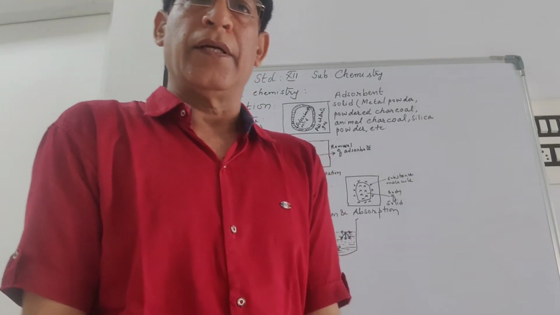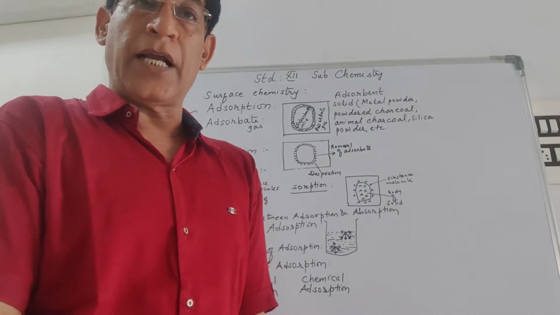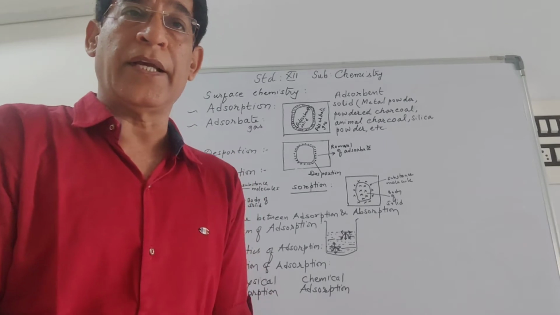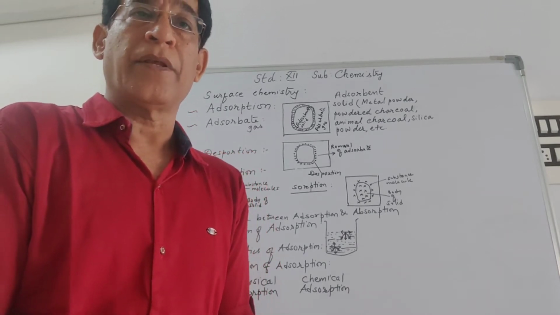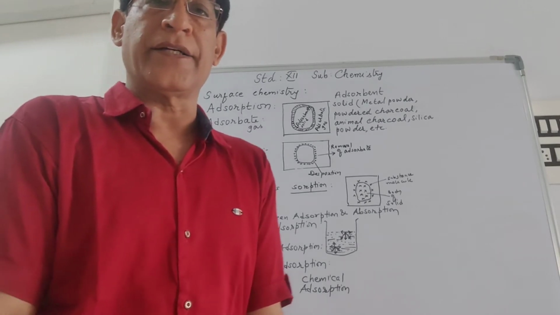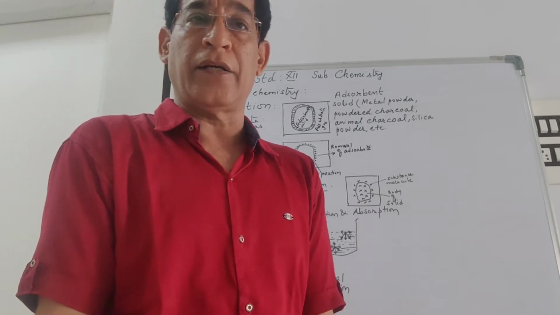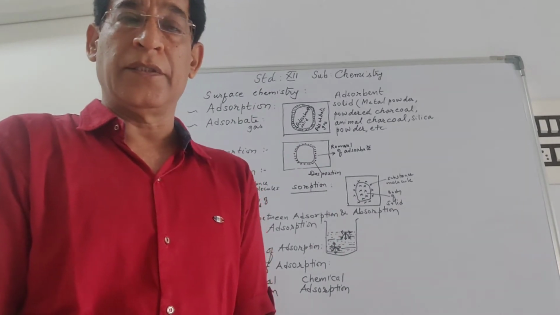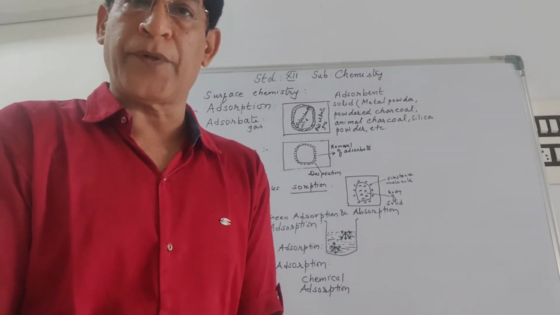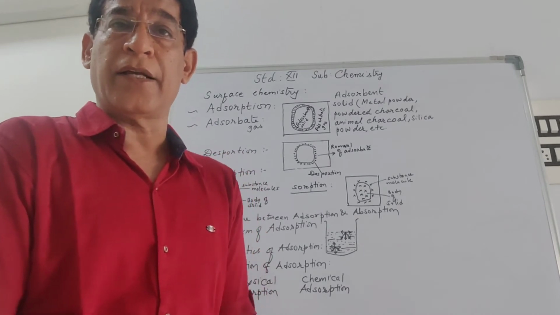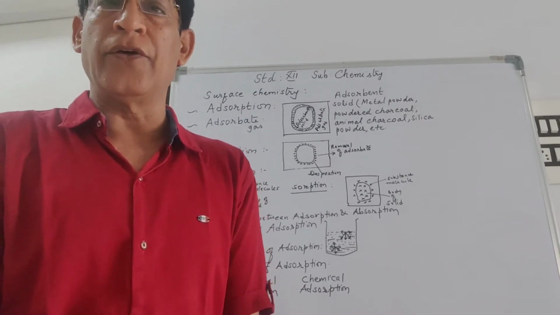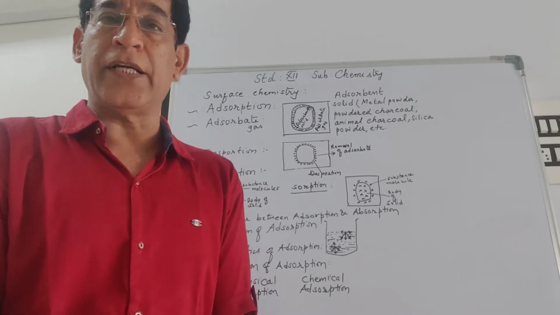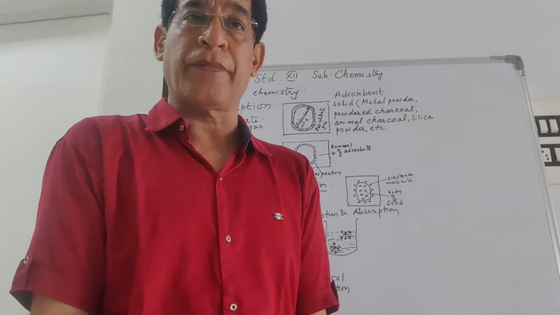In adsorption, the substance is only retained at the surface and does not go into the bulk or interior of the solid or liquid. And absorption implies that a substance is uniformly distributed through the body of the solid or liquid.